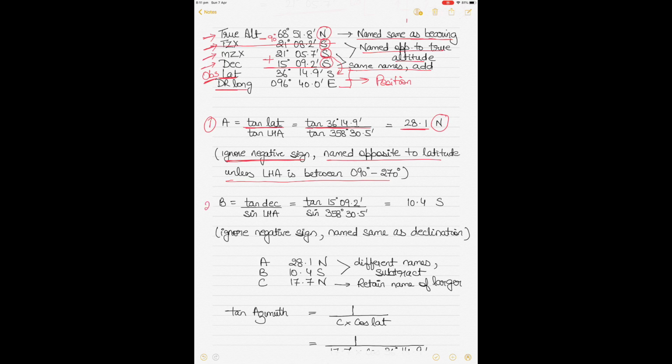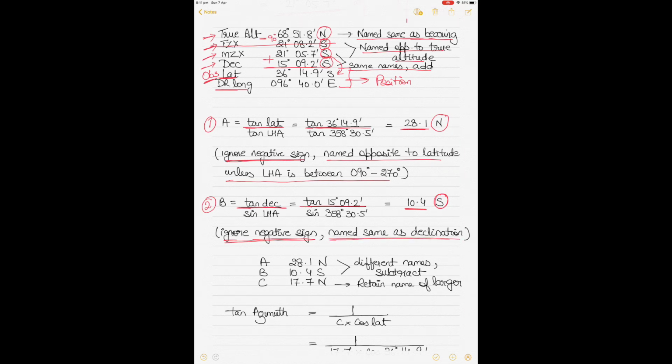Once you calculate A, calculate the component B by dividing tan of declination by sine of LHA. Put in the values. Again, if you are getting a negative sign, ignore the negative sign when you are finally writing down the answer. A, B, C cannot be negative. You have to write a positive value, but you have to name it. In this case, you name it south. Why? Because B is named same as declination.